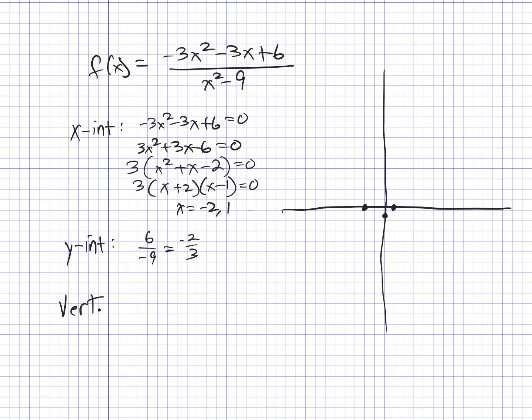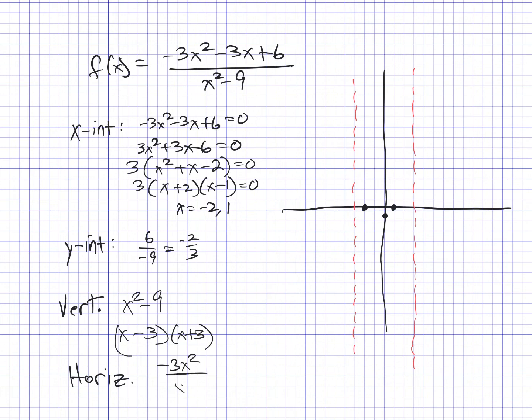Okay, so now I'll do the vertical asymptote, which comes from the denominator, which is the difference of squares. So at 3 and negative 3. And the horizontal asymptote: your leading exponents are the same, so that would be y equals negative 3 over 1, or y equals negative 3.